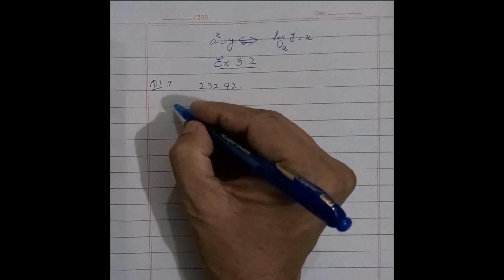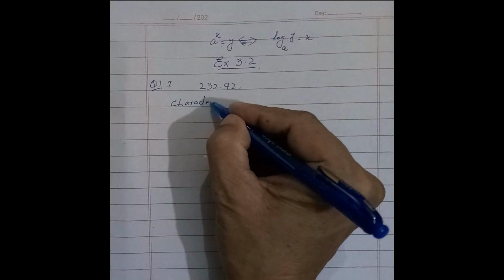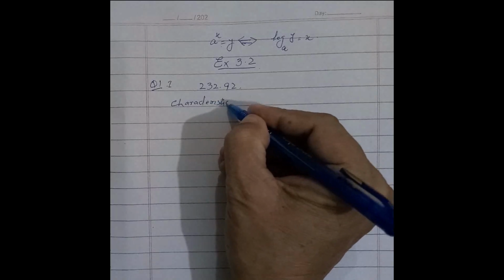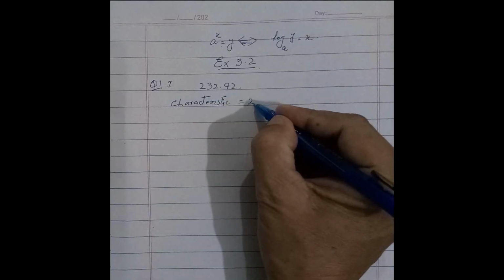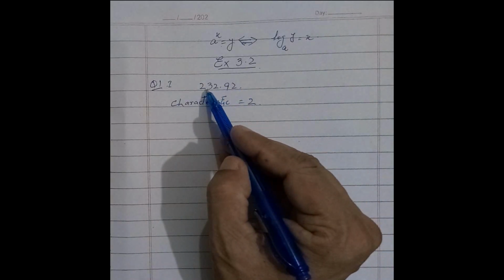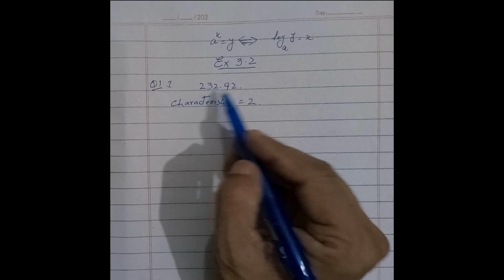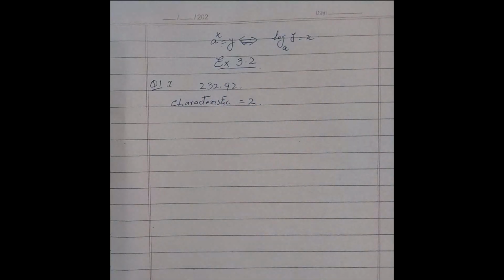The characteristic is 2, which means that when we decimal shift in scientific notation between 2 and 3, the power of 10 is equal to 2, and the characteristic is always the value of the power of 10.